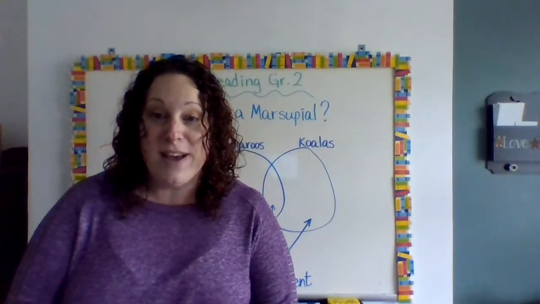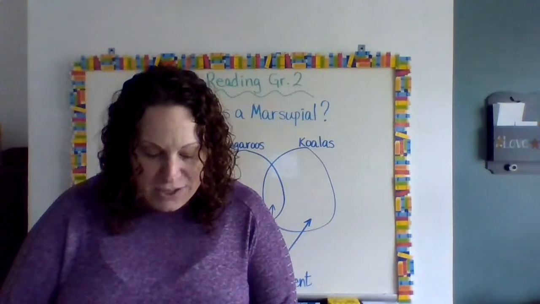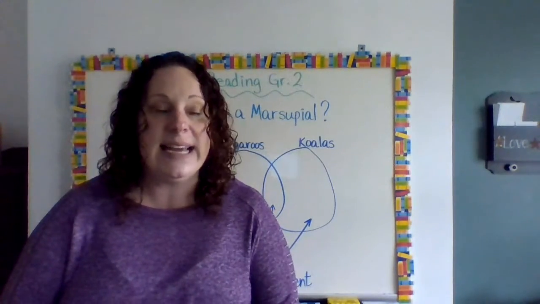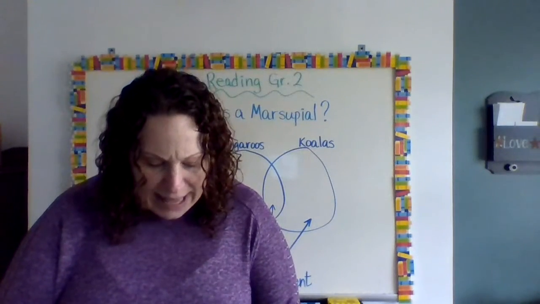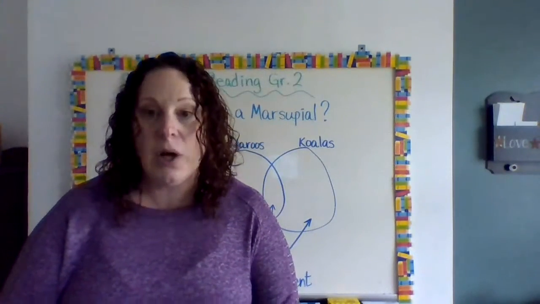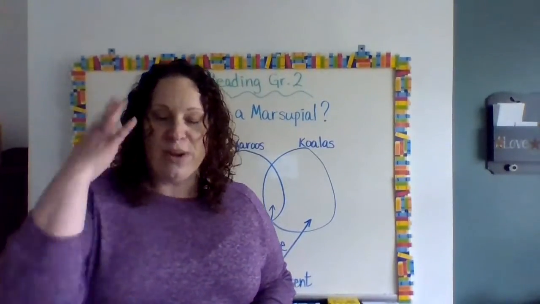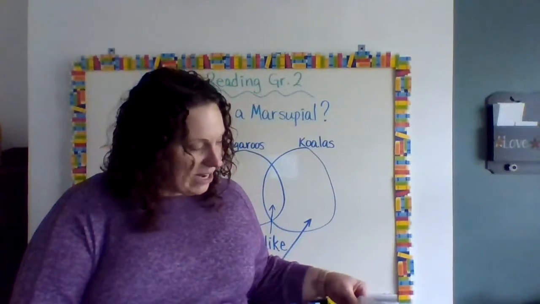So it has the pictures of the marsupials we're going to be talking about. And then it says, think as you read. How are a kangaroo and a koala alike? So you're going to be thinking those questions as we read. And then how are a kangaroo and a koala different? So that's what you're going to be thinking while you're reading, okay? Or we're reading together.